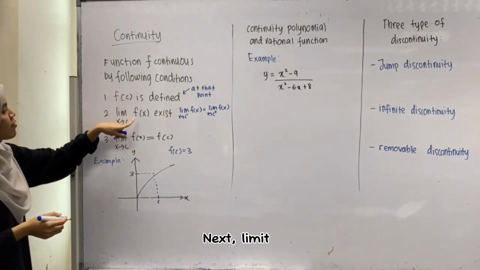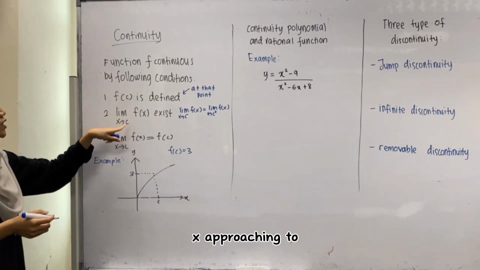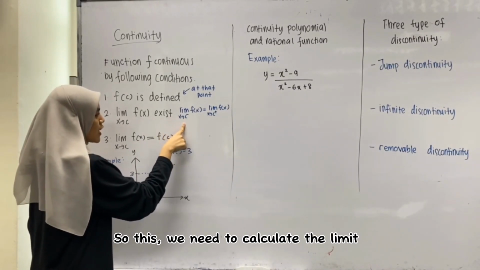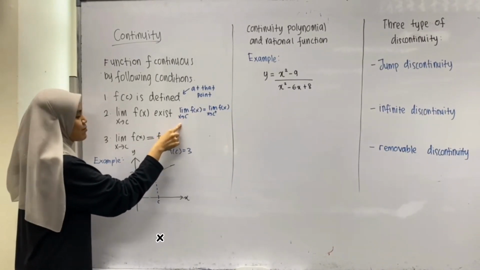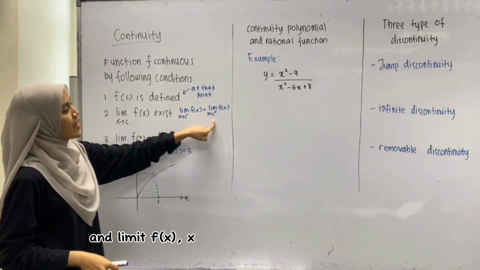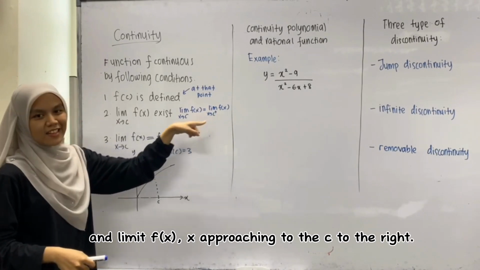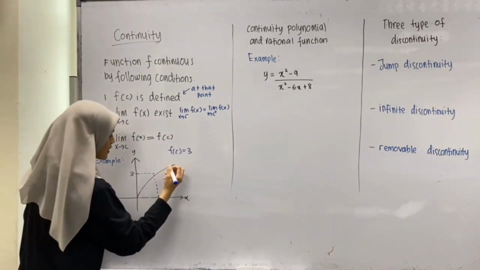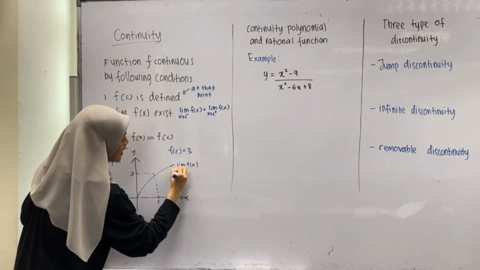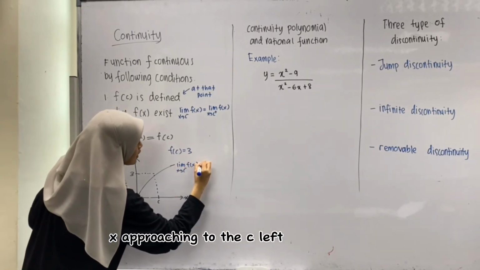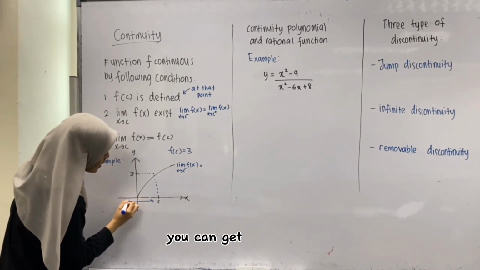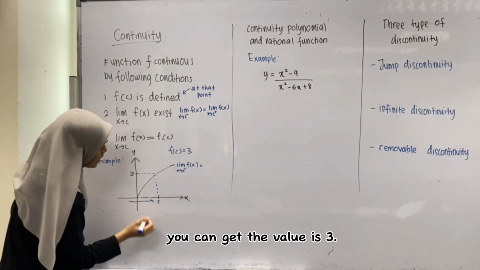Next, the limit of f(x) as x approaches c. We need to calculate the limit as x approaches c from the left and from the right. First, the limit from the left, we can get the value 3.